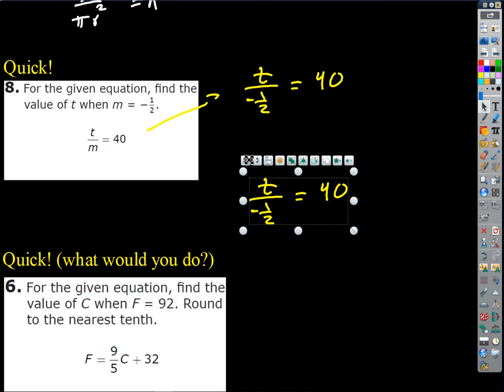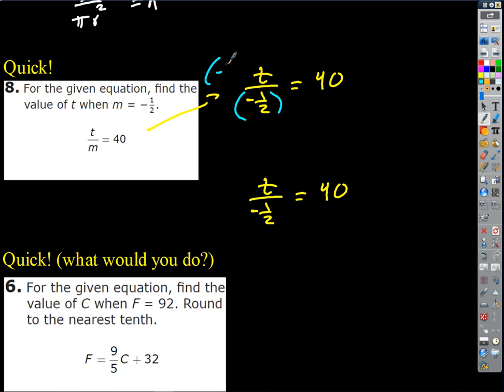How do I undo dividing by -1/2? I multiply by -1/2, right? So one thing I could do is this. Right, so the -1/2's cancel, and I get t equals, what's 40 times -1/2?